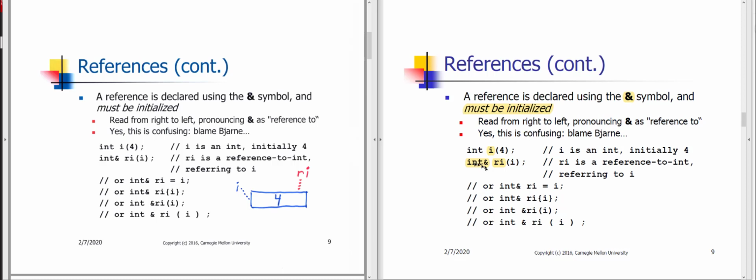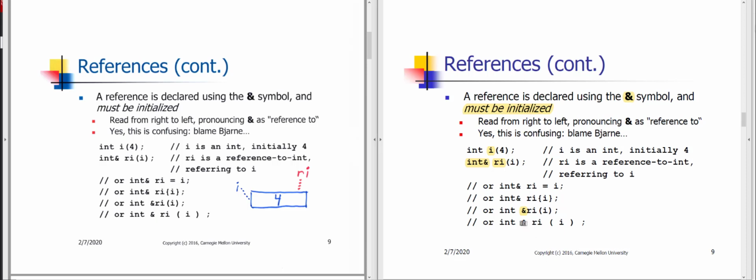Now, the way that I've written reference is a common approach. This is the approach that Stroustrup uses, and the ampersand is associated directly with the keyword int. However, remember that C++ is free format, so that doesn't actually matter. I could choose to write that Ri is a reference to an int by putting the ampersand directly next to the Ri rather than next to the int.